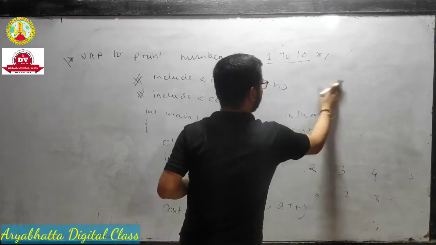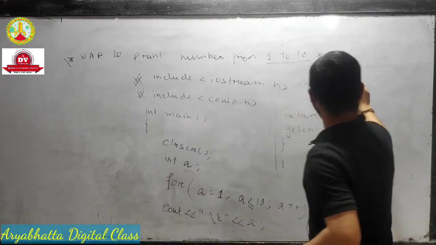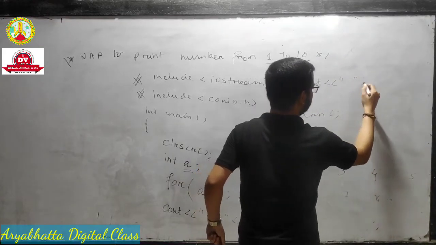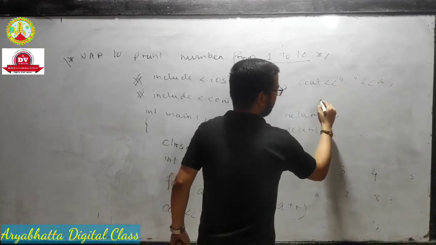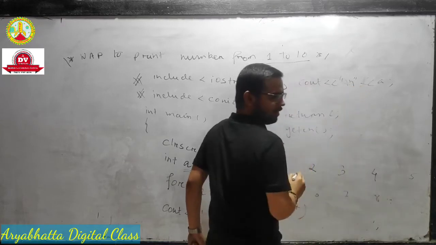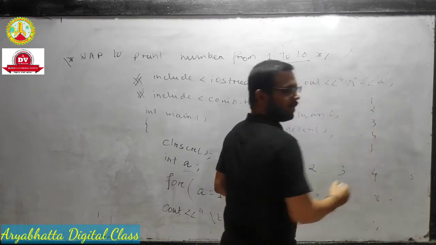Or you can simply write whatever you want, simply backslash t for tab space. If you simply give one space, then it will come 1, 2, 3 like that. Or if you use backslash n, then it will come 1, 2, 3, 4 as per new line.